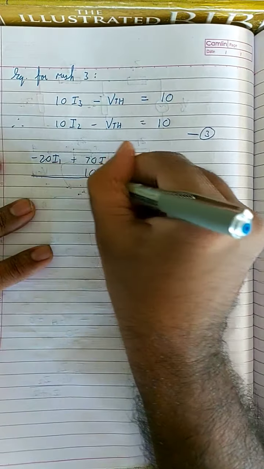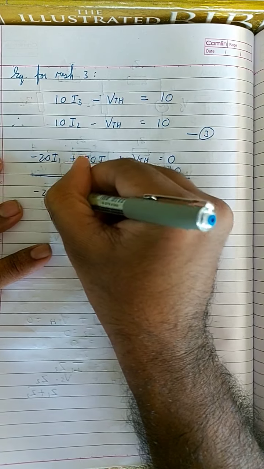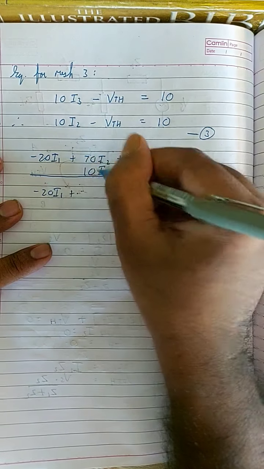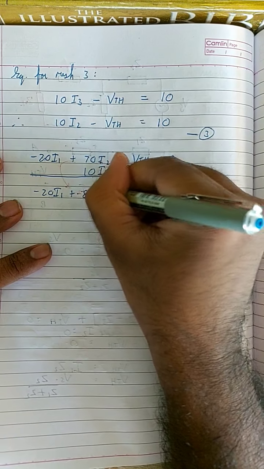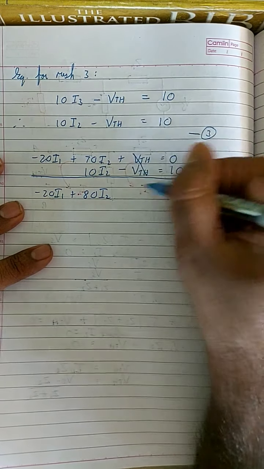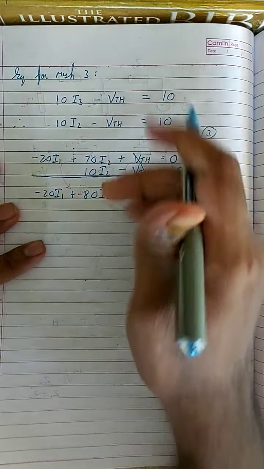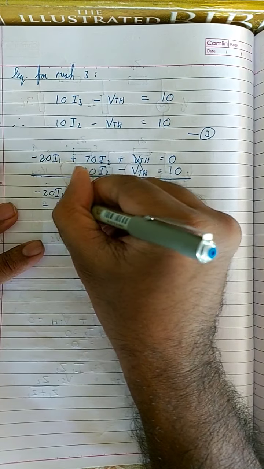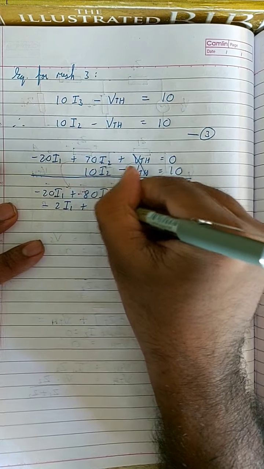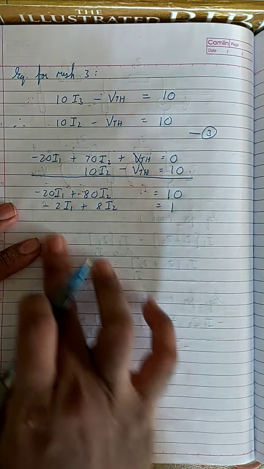Okay, and if I add all of them, here it is 0, right? So it is minus 20 I1, and here it is 70 plus 10 is 80, so it is 80 I2, right? And this plus VTH and minus VTH will cancel each other, and you will get 0 plus 10 is 10. This is the equation. Or in other words, you get minus 2I1 plus 8I2 is equal to 1. Okay, this is the equation you got.